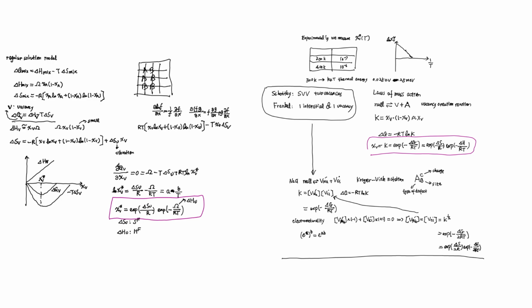So the reverse problem would be, let's say experimentally we measured XV equilibrium at different temperature.